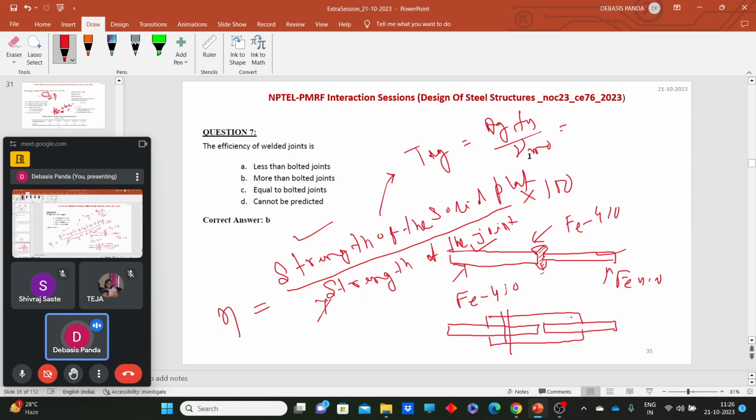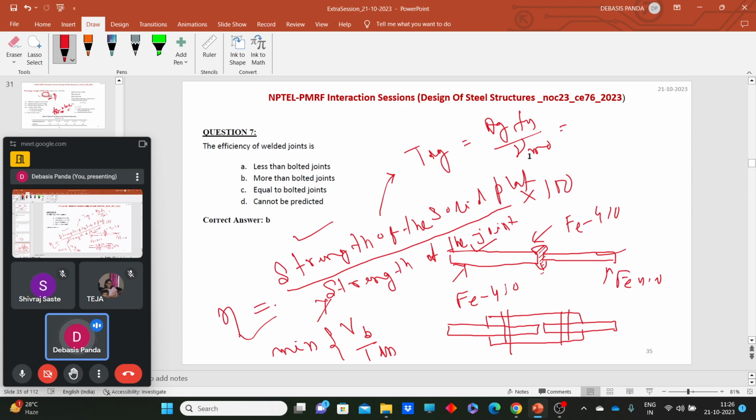How can we calculate the strength of the joint? If it is a bolted connection, it should be the minimum of the strength of the bolt, Vb, and the strength of the plate at rupture of the critical section. We have seen that the rupture strength is less than your Tdg. By this way you can calculate the strength of the joint. That means theoretically, for the welded joint we may achieve 100% efficiency.